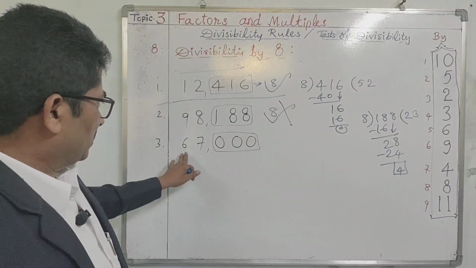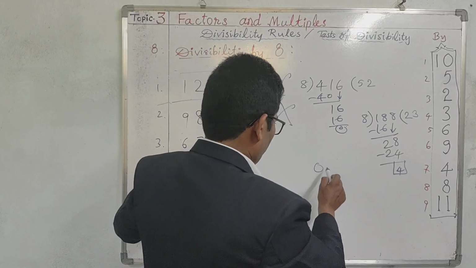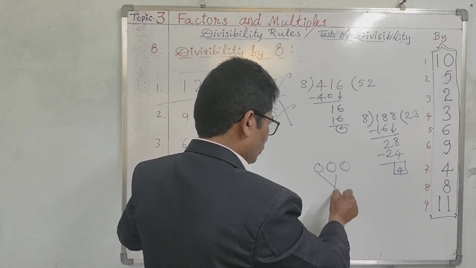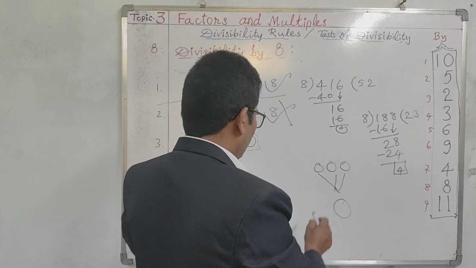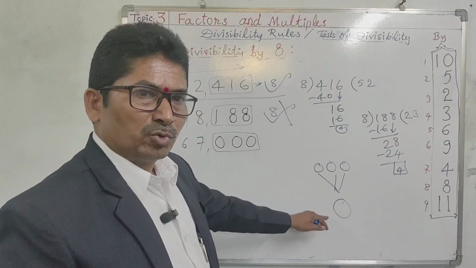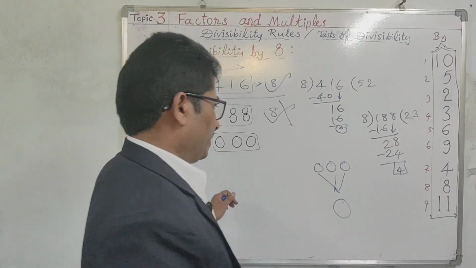So next, 67,000. Is this divisible by 8? We can check. Here we have zeros. 3 zeros means what? We can take 0. Zero is divisible by every number. 0 is exactly divisible by every number.